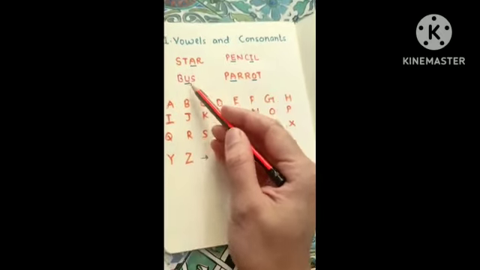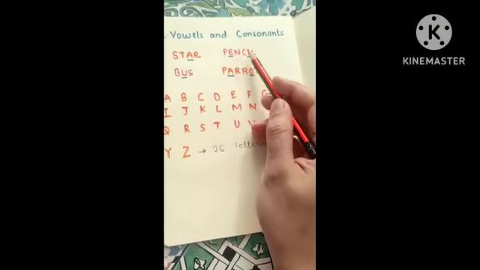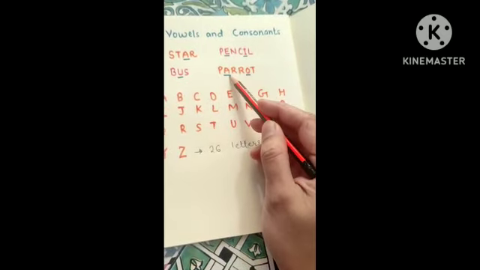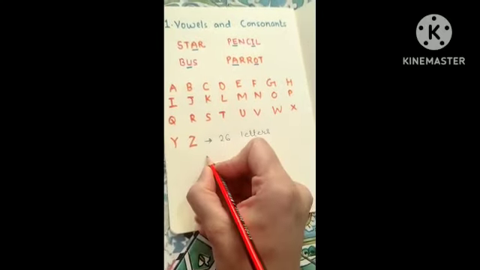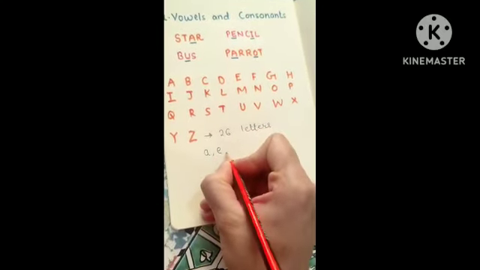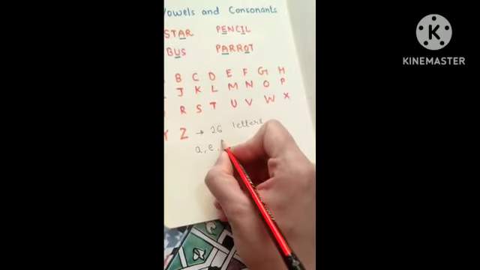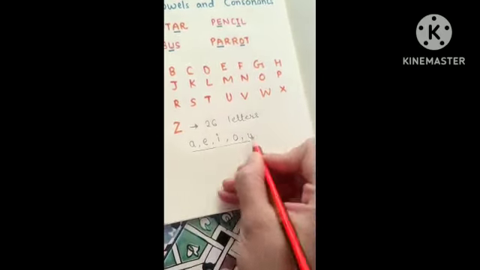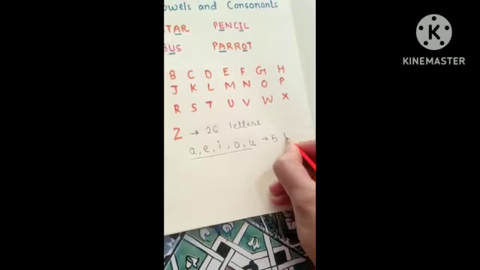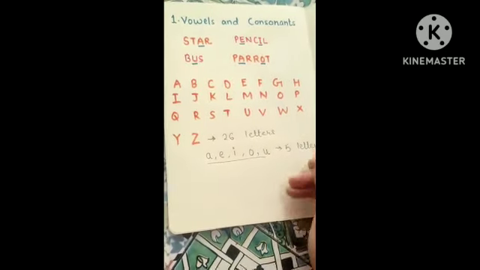Letters like A, U, E, I, A, O. The letters underlined are A, E, I, O, U. 5 letters are underlined.